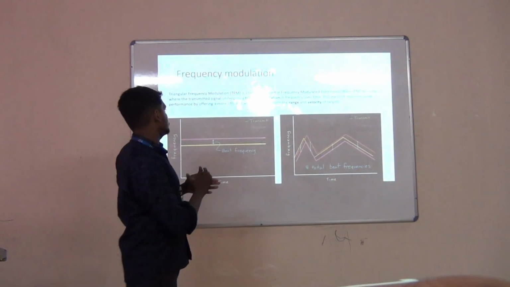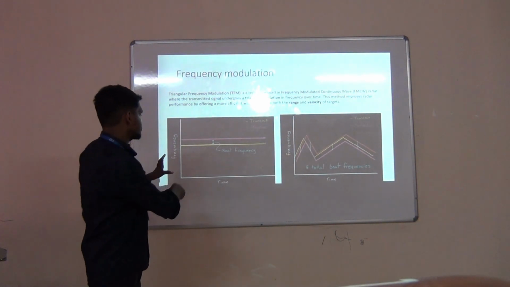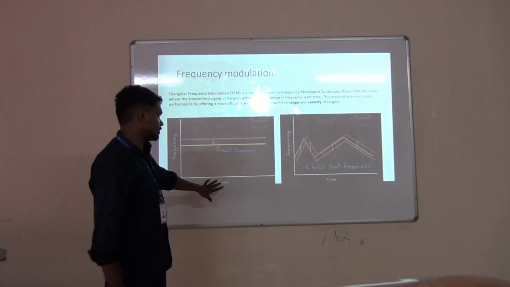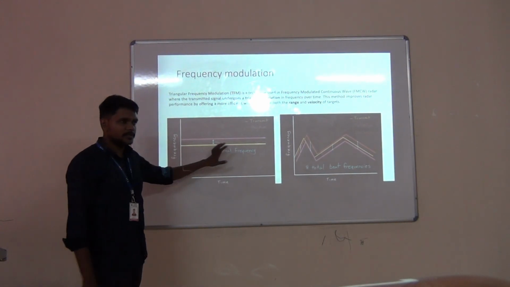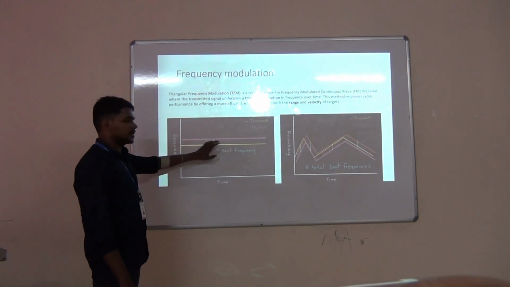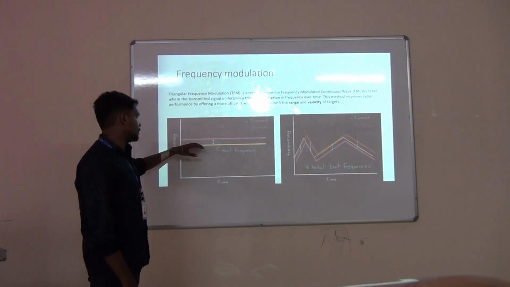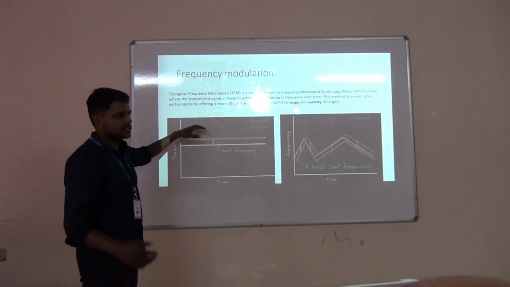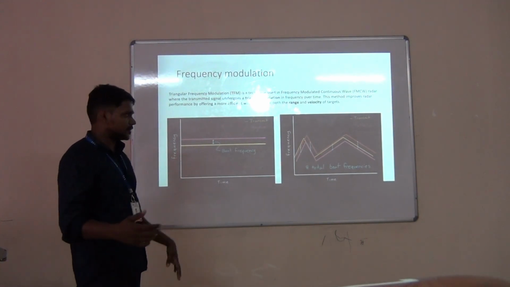If you see the graph, it has the y-axis as frequency and the x-axis as time. With a constant frequency line, we can check the beat frequency that I have already told you about. If the frequency is increasing, the object is traveling towards us, and if the frequency is decreasing, the object is traveling away from us.